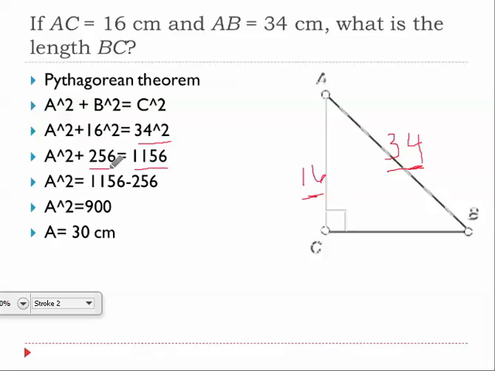Subtract the 256 from it and get that a squared is going to be equal to 900, or 30 centimeters. Now I want you to notice, not drawn to scale, but this side is definitely smaller than this side. Okay? And it's just a little bit of logic that you use in that situation. Longest side always has to be the biggest number.